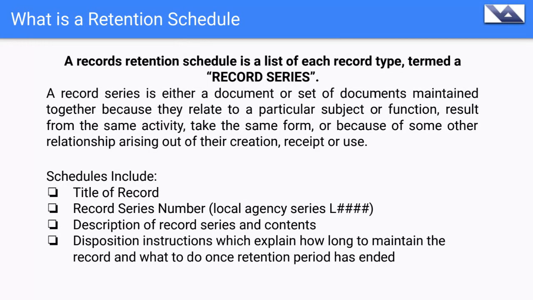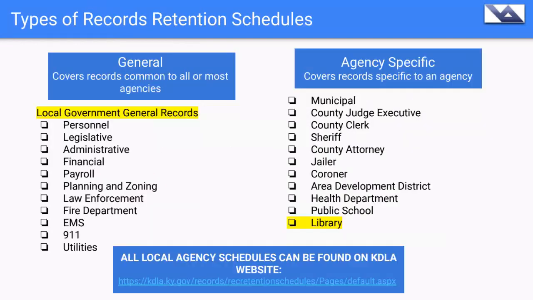And then a reminder to be specific when you're trying to figure out what your records are. Things like making the distinction between payroll registers versus monthly registers, those types of things. Okay, so listed are the types of schedules for local records.